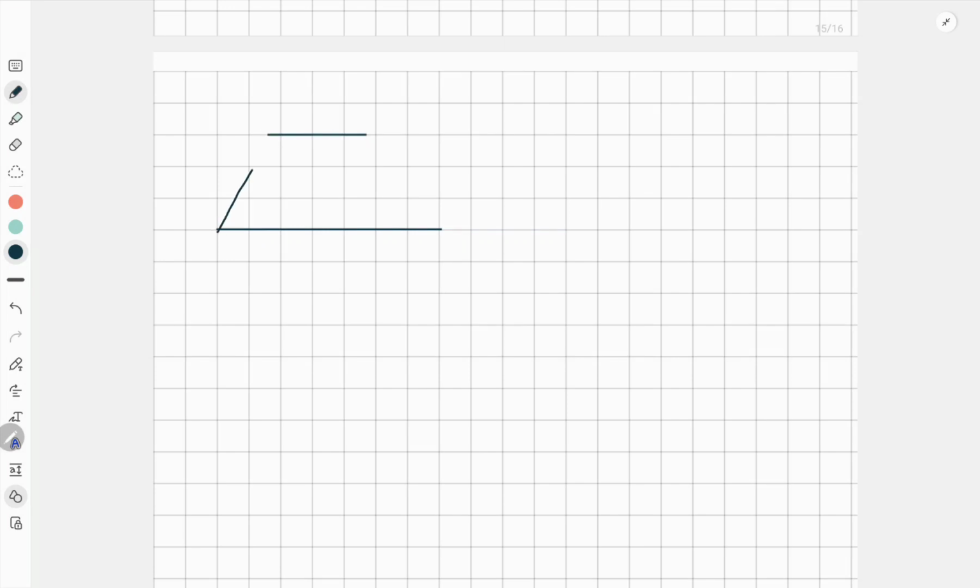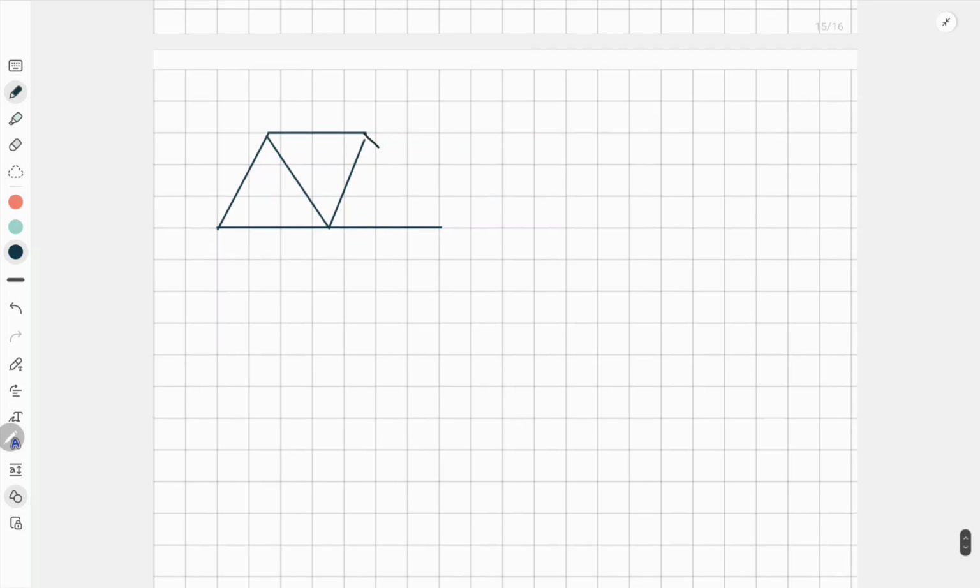So we are just drawing this part like this. Suppose our truss is like this. So here it's given like this, member 1. So if it's given, then we'll know that we have to find for this member, that is the top chord.